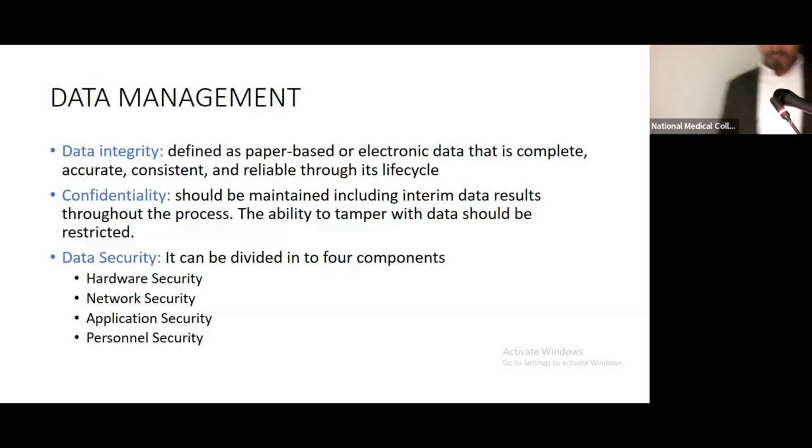And then confidentiality: access to the data should also be controlled. It is not that just any person in the lab is going to access the details of the patient and the results, but it should be controlled according to who can access which level and who can edit the results also. So that should be maintained, and that comes under data security. So data security is not just hardware, that is access security and network security, but also application security.